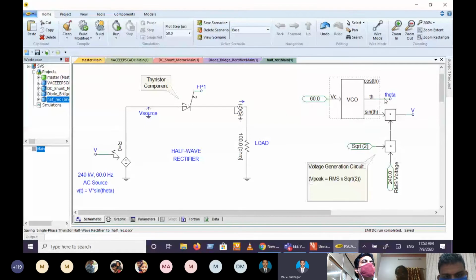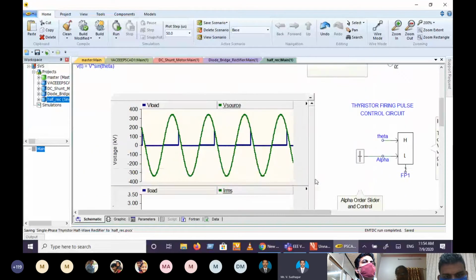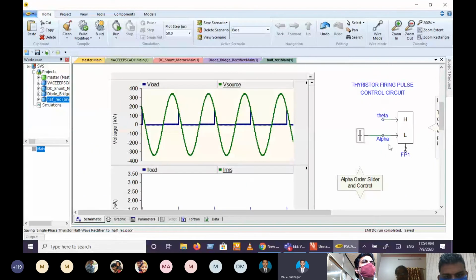And we are also measuring the theta. Why are we measuring the theta here? This theta is measured in order to generate the firing pulse for the thyristor. After detecting this theta, it will be compared with alpha, right?